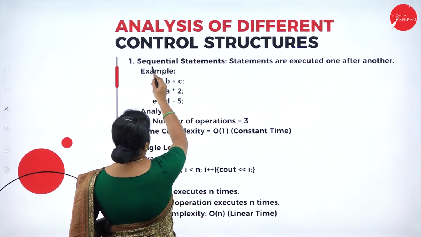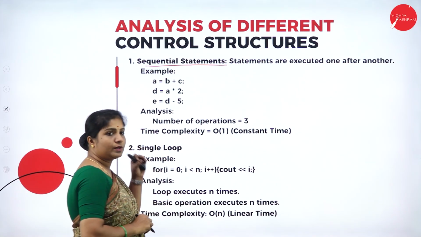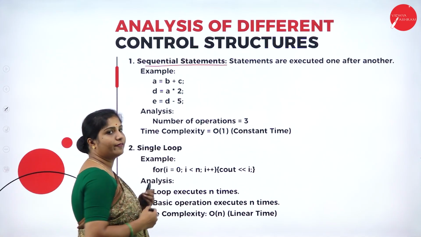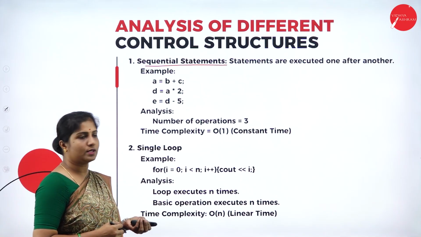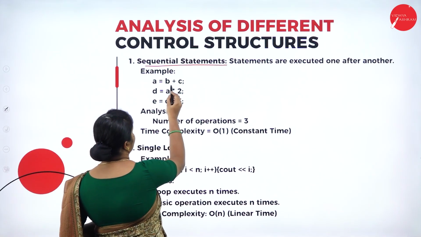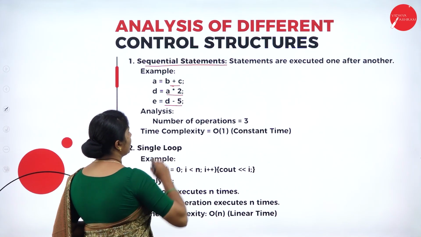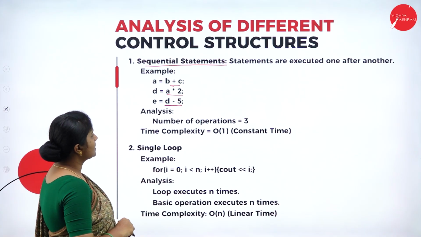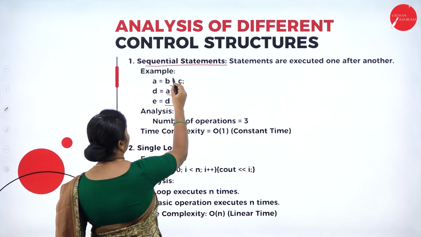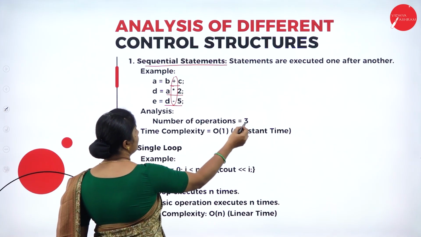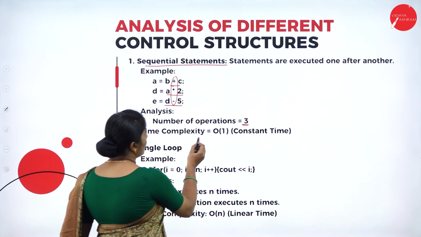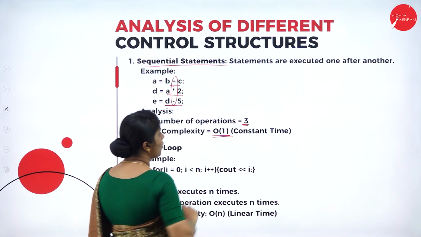First we have the sequential statements. These statements are executed one after another, that's why we say sequential statements. Here I have A equals B plus C, D equals A into 2, E equals D minus 5. The number of operations here is 3, so the time complexity will be big O of 1.